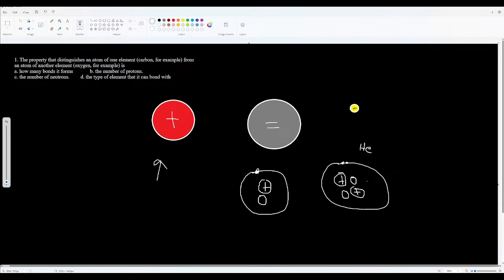So how is it that protons can stay together like this? Well, it's through neutrons and through something called the strong nuclear force. The neutrons help balance out the protons so that the atom can actually stay together. So that's why helium is so stable.